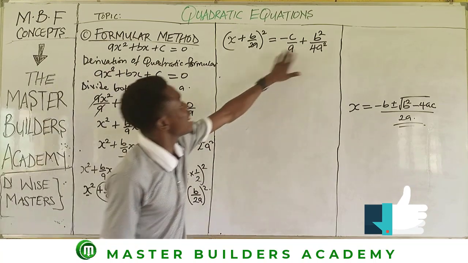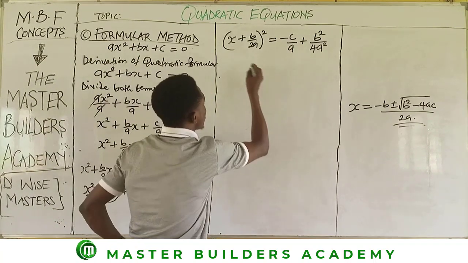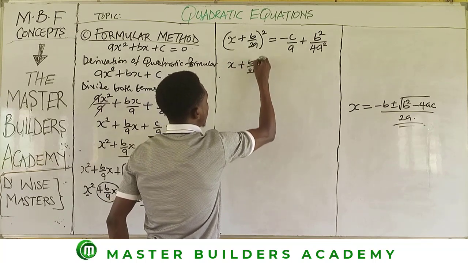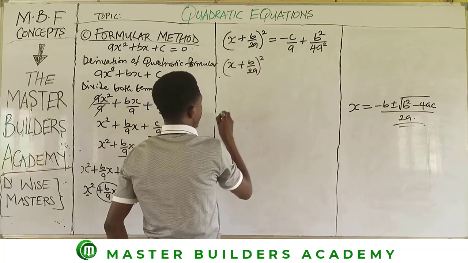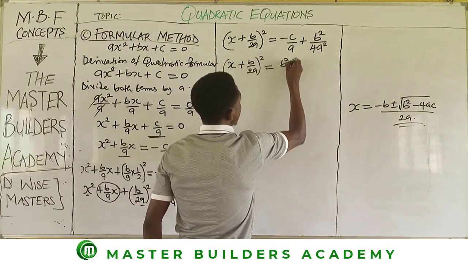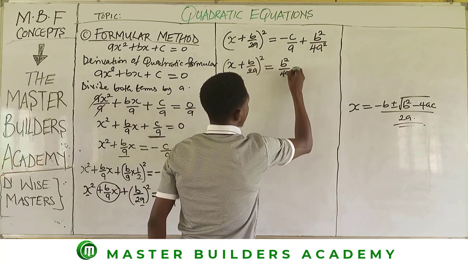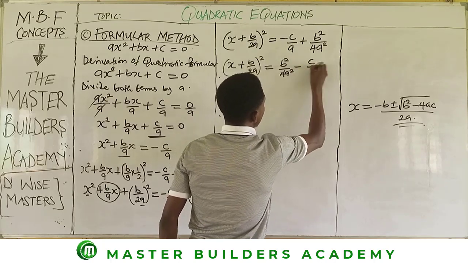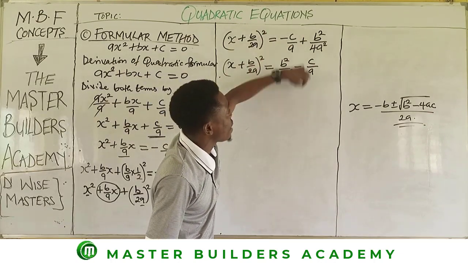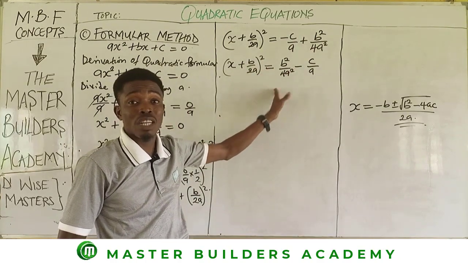We can rearrange this as x plus b over 2a all squared is equal to b squared over 4a squared minus c over a. I just decided to rearrange it so that this negative sign can be in between the first fraction and the second fraction.